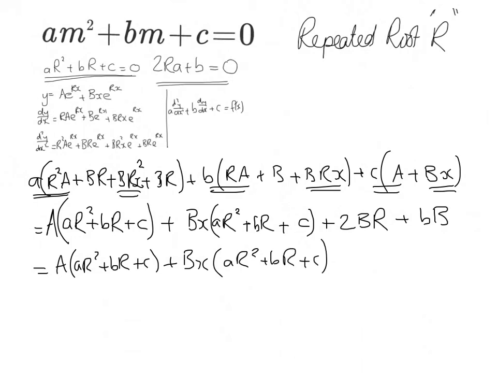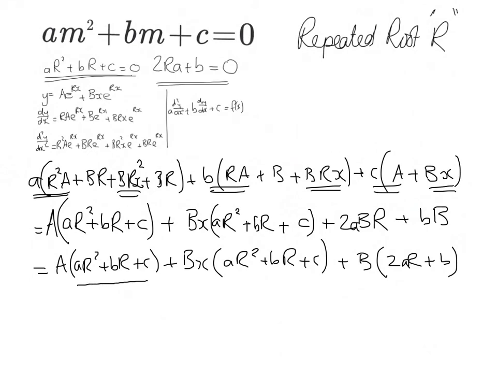R is that repeated root that we found, plus b 2r plus b. For a second there I thought I had a problem, but I've just realised where I went wrong. When I expanded this out here, I should get 2abr, and I just wrote 2br. I didn't put the a in. So let's put that a in, which means I've got an a here, which means, phew, now I'm okay again.